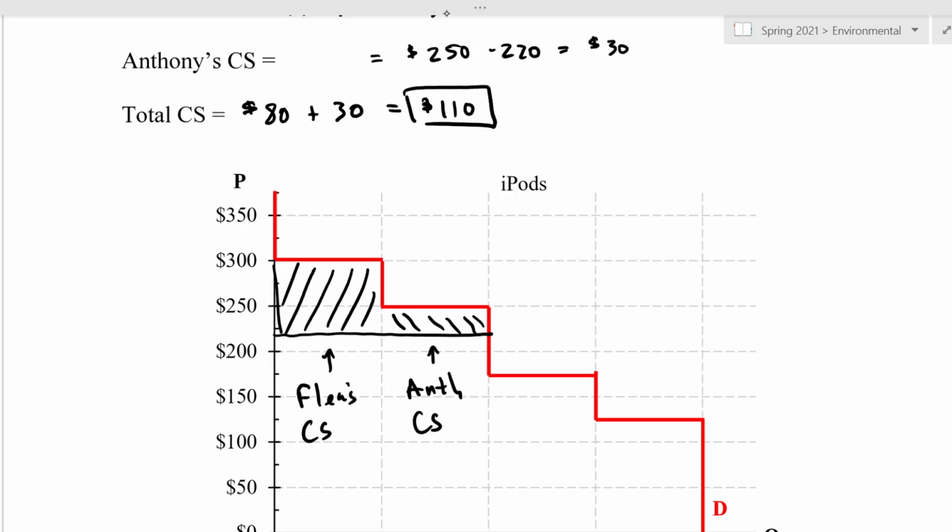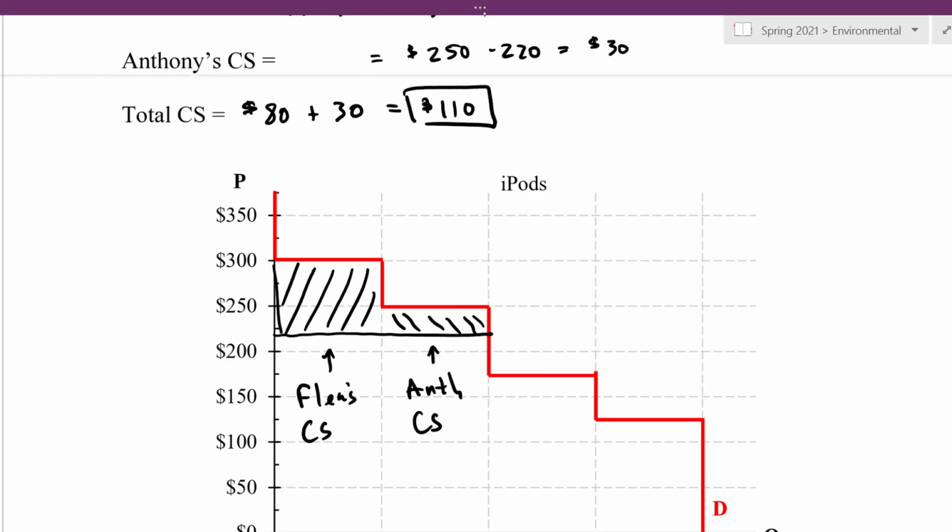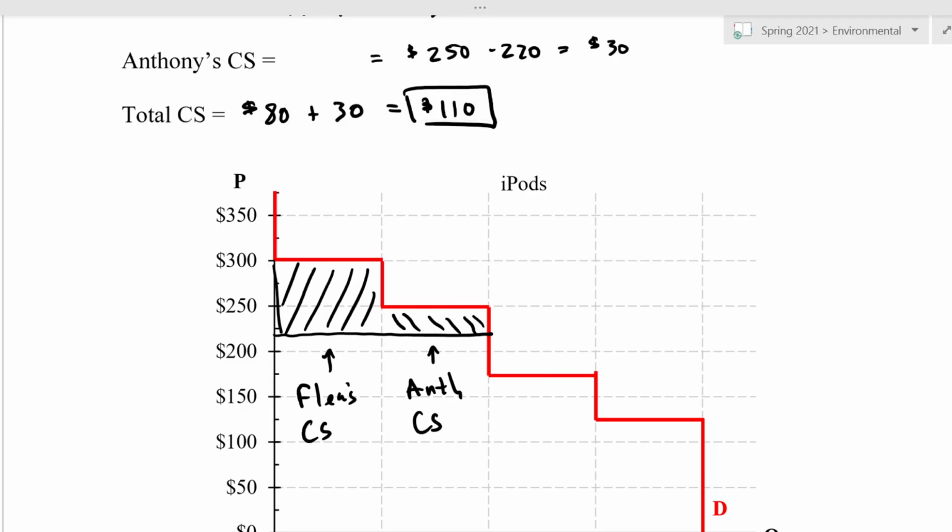And the entire thing, which I'll do in blue, this entire box, or whatever shape that is, upside down Oklahoma, is total consumer surplus.